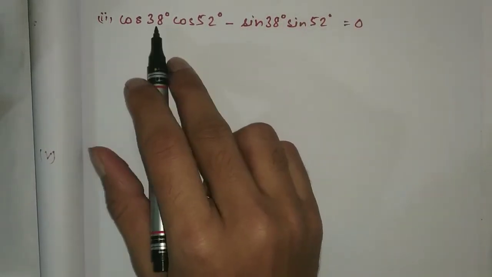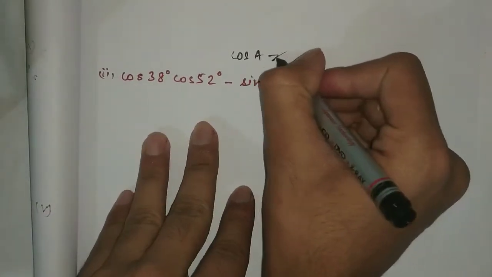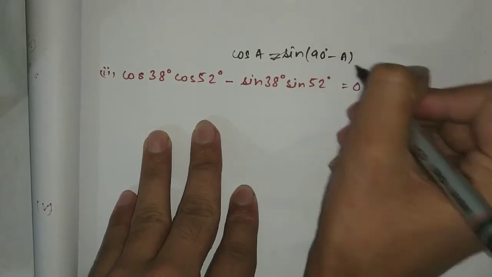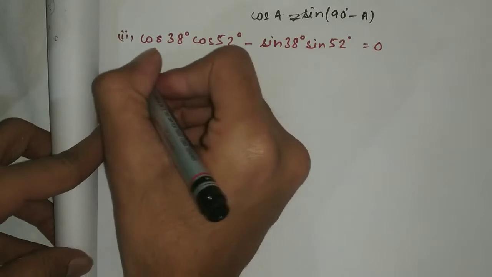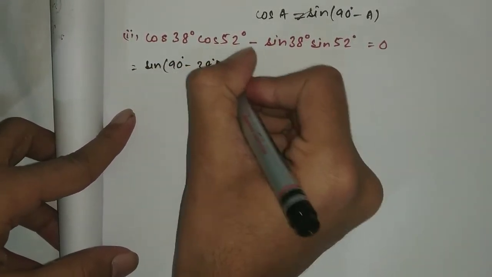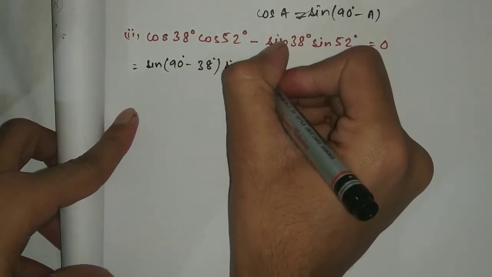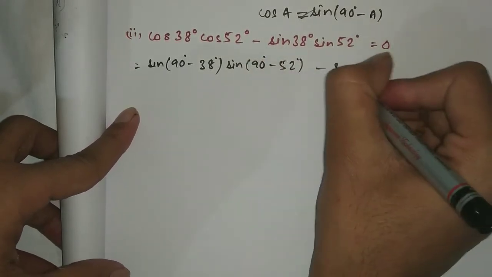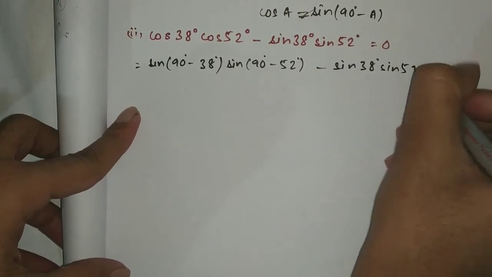So to convert cos in terms of sin, we use this formula: cos of A is equal to sin of 90 minus A. Alright, so cos 38 comes out to be sin of 90 minus 38, and this cos 52 converts into sin of 90 degree minus 52, and this is sin 38 into sin 52.